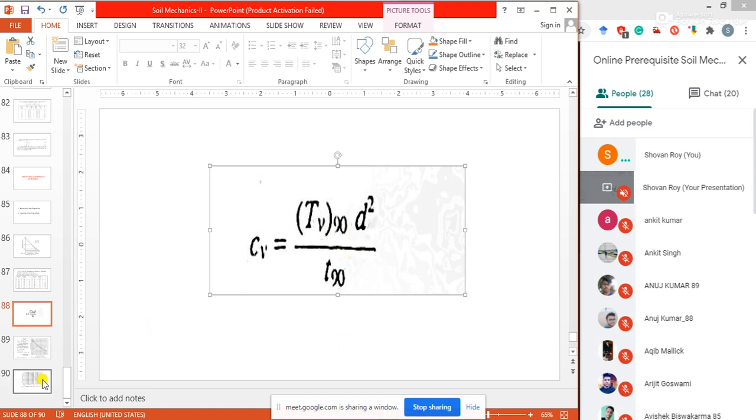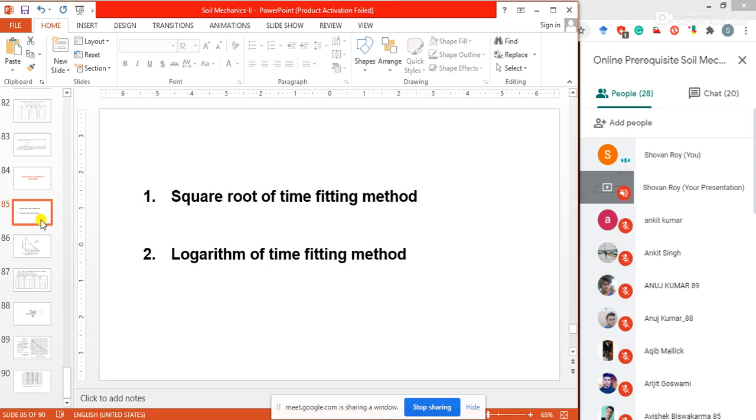Then another method is there, logarithm of time fitting method.